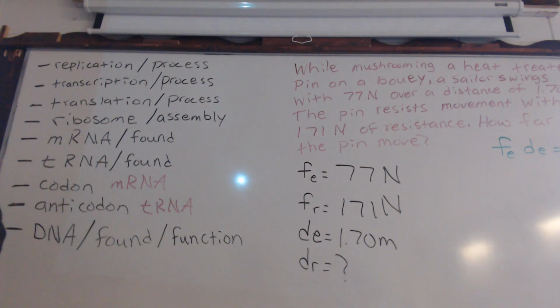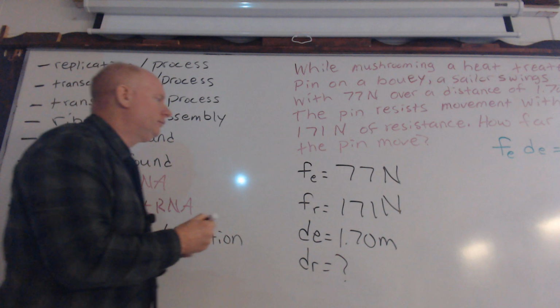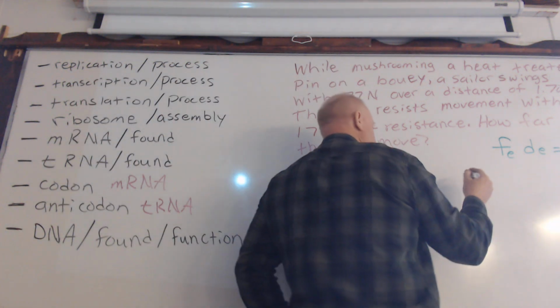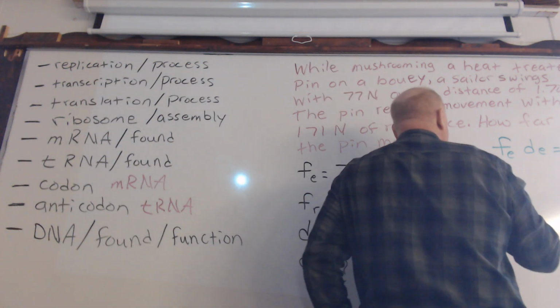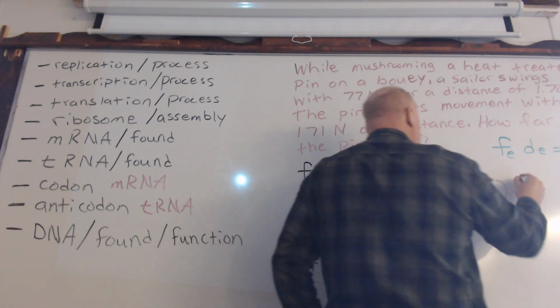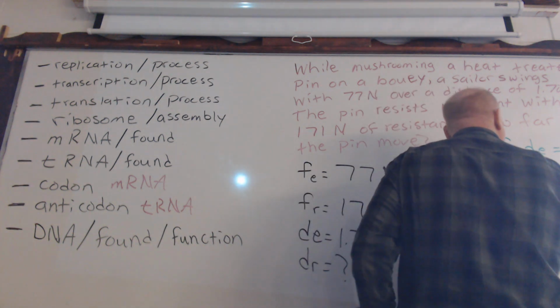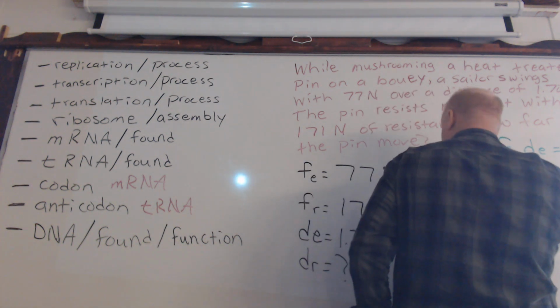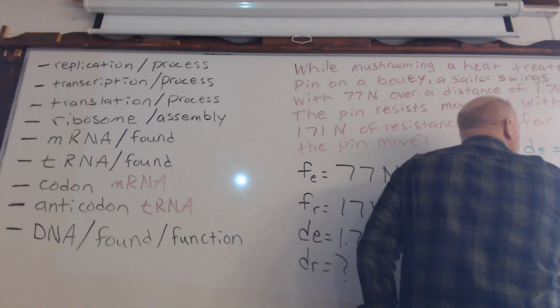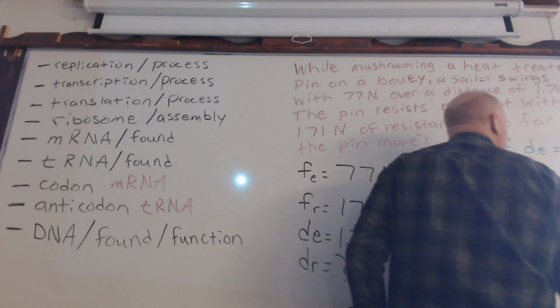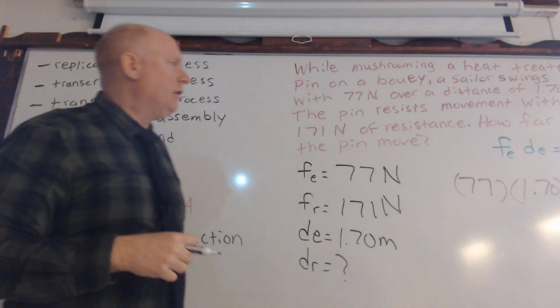Once you get it to this point, then you just do what the formula tells you to do, which would be what? You do your FE times your E. Okay? Does that look correct to you?